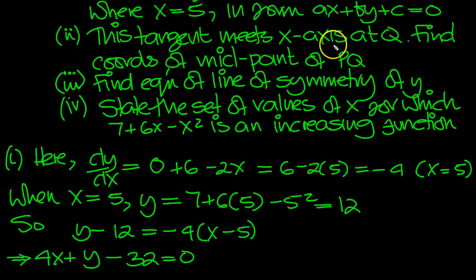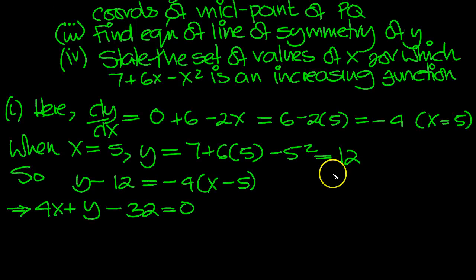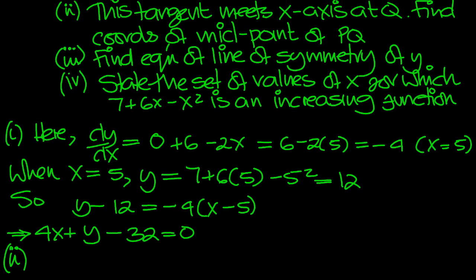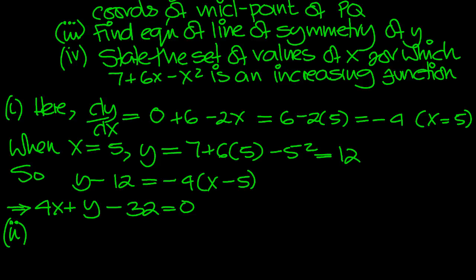So this tangent meets the x-axis at Q. Find the coordinates of the midpoint of PQ. So part 2. So this line meets the x-axis at Q. So when it hits the x-axis, y is 0.